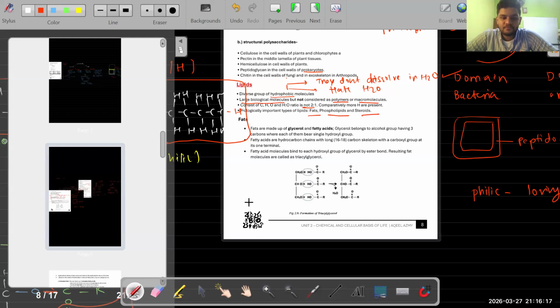Is it clear? Is it clear for you guys? Yes, clear, right?